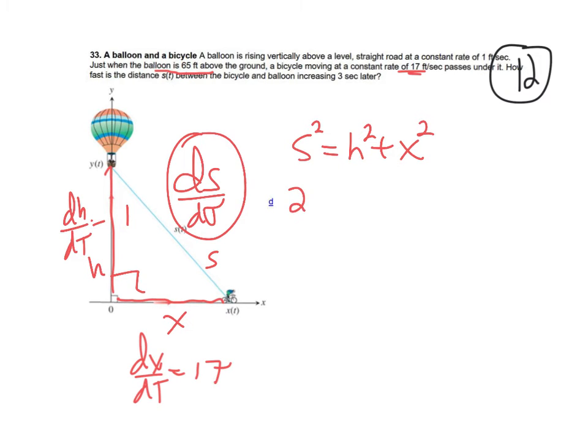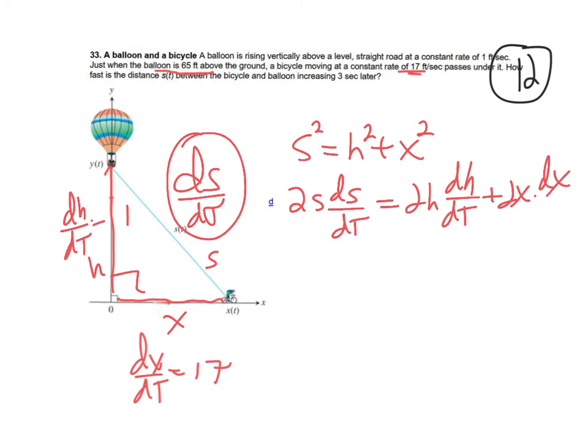So 2s ds/dt equals 2h dh/dt plus 2x dx/dt. And I know dx/dt is 17, so that's good. I see I've got to find an s, an h, and an x.